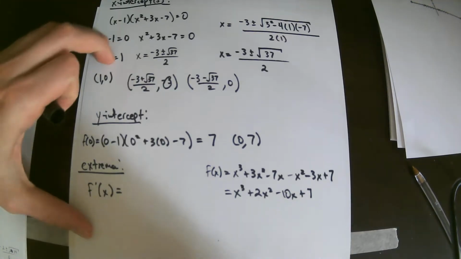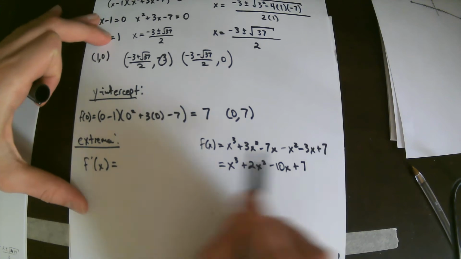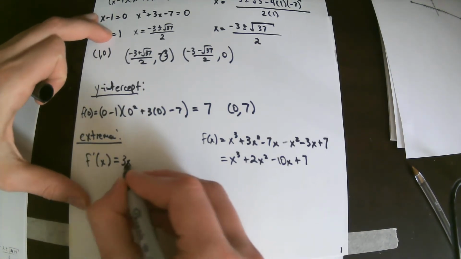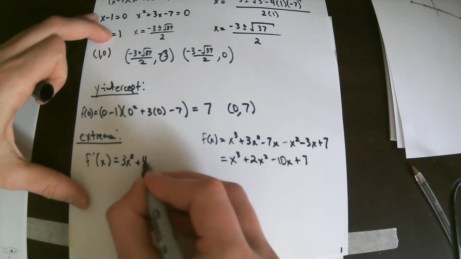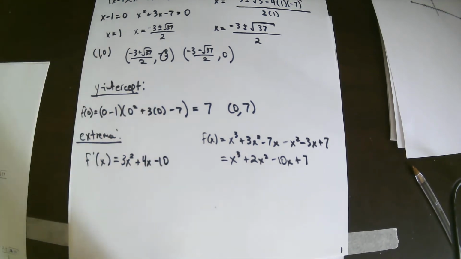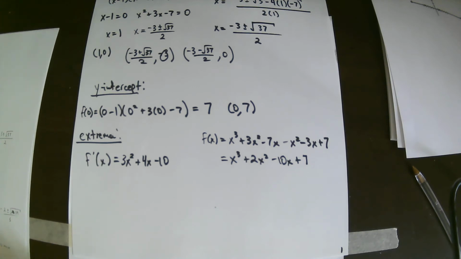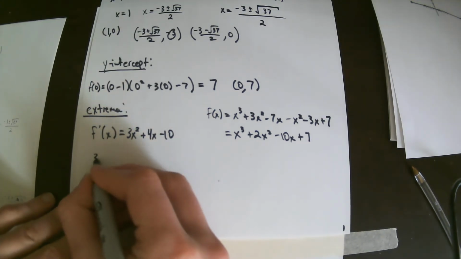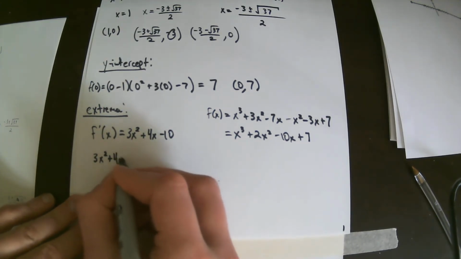Alright, I can easily take the derivative of this now just by using the power rule. So 3x squared plus 4x minus 10. Is that what I got over here? Yes. Okay. I want to set this equal to 0 because this is not going to be undefined anywhere.